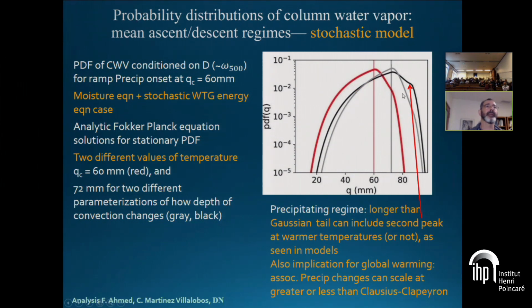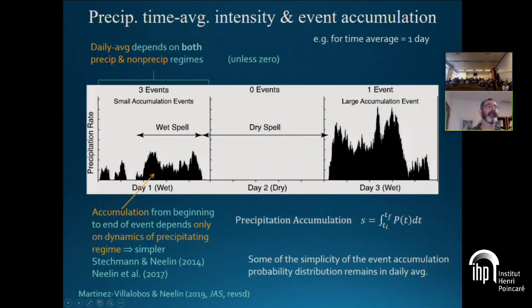And when you look at the precipitation distributions from such a model, they can scale at greater or less than the Clausius-Clapeyron, depending on what's going on in this region up here. So it depends on the gross moist stability. Okay, so speaking of that, let's move to understanding the probability distributions of precipitation itself.